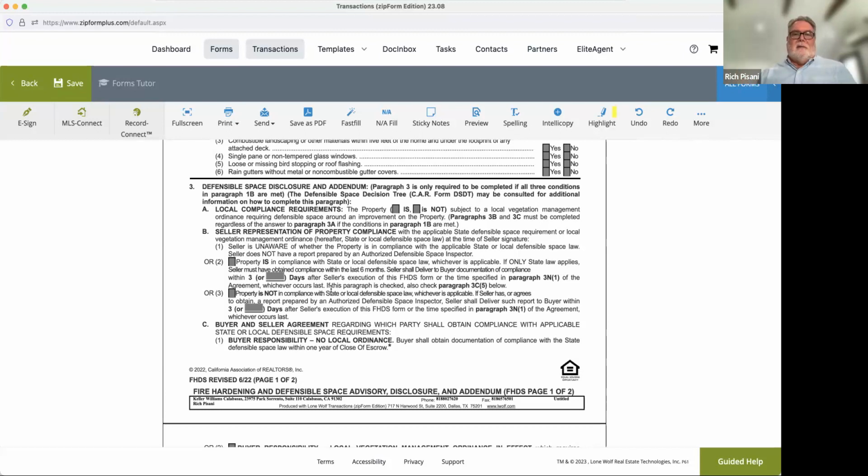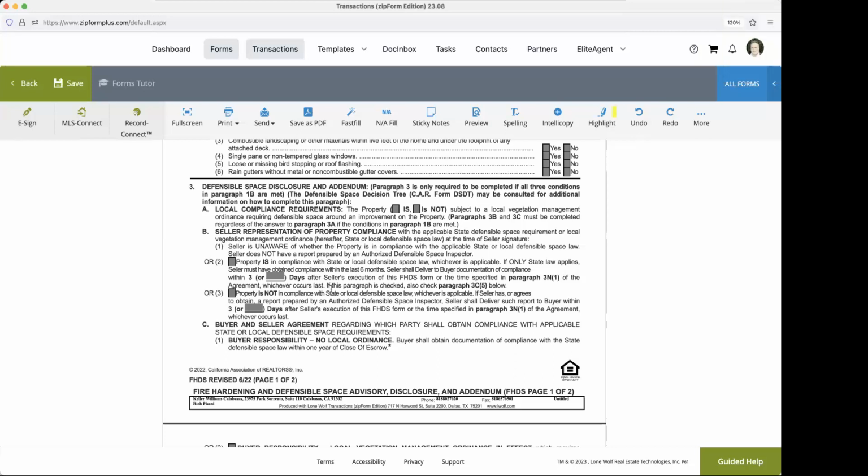The seller's going to know that, because if the seller doesn't do that, guess what? The fire department comes up and does it, and they bill the seller. So the seller is going to know if there is or is not a local ordinance.